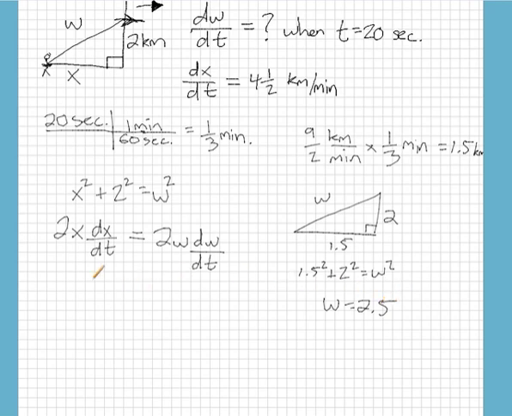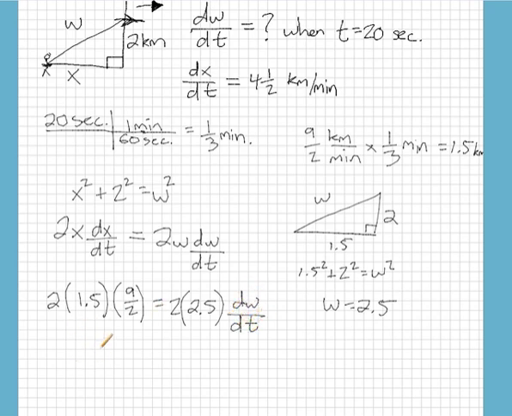Now we have all the necessary ingredients to plug in, because we're trying to find dw dt. We plug in 2 times x, which is 1.5, times dx dt, which is 4.5, or 9/2, equals 2 times w, which we found to be 2.5, times dw dt, what we're trying to solve for.